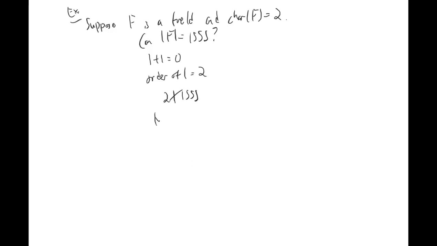So no. Later on, you will see that all finite fields have prime power order, but for now, just no. This is just group theory. So I'm basically saying if it's characteristic 2, it can't be 10 either. It has to be a power of 2, but you will learn that later. So let's move on.